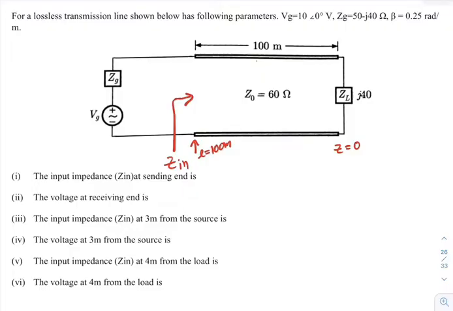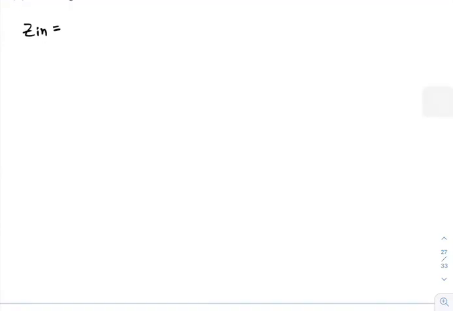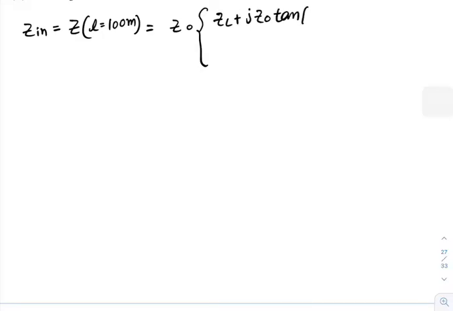So I have to find Zin equal to Z of L equal to 100 meters. The impedance at a distance L equal to 100 meters is equal to the characteristic impedance ZO into ZL plus j times ZO tan beta L, divided by ZO plus j times ZL tan beta L.